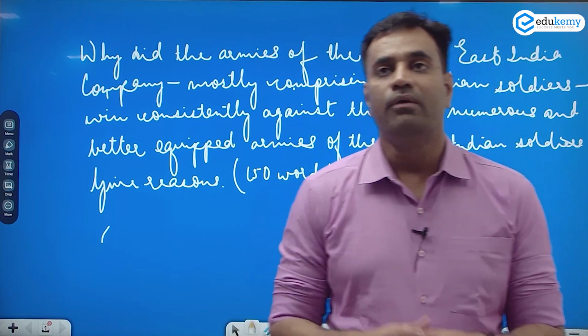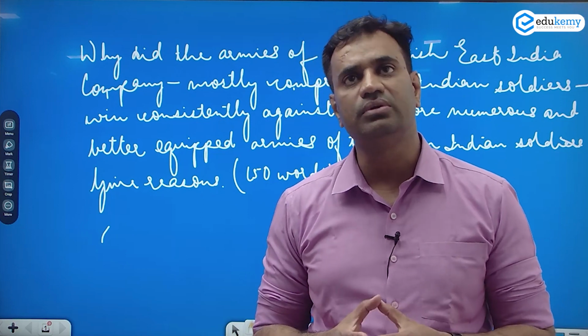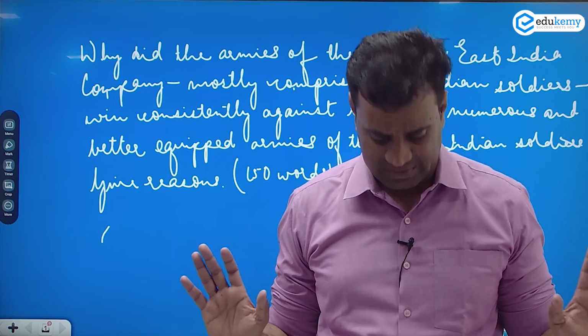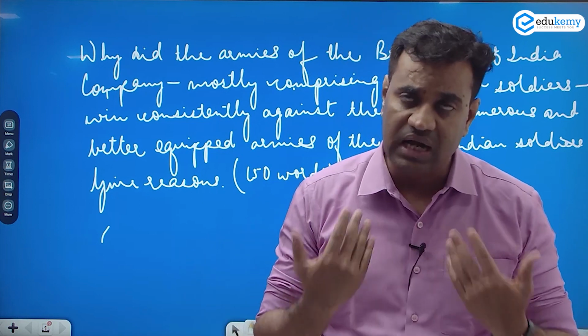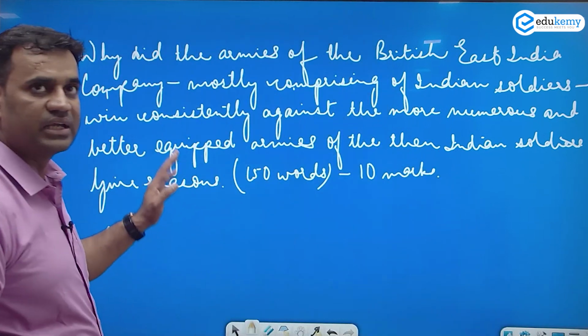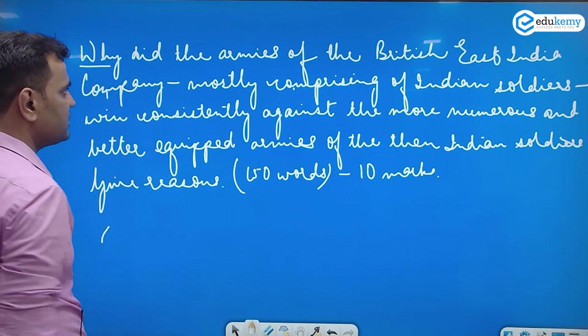First of all, whenever you read any question, the first thing to be done is to understand the question in the right perspective. And while understanding the question in the right perspective, you need to highlight the keywords of the question. So why? That is, the reasons have been asked.